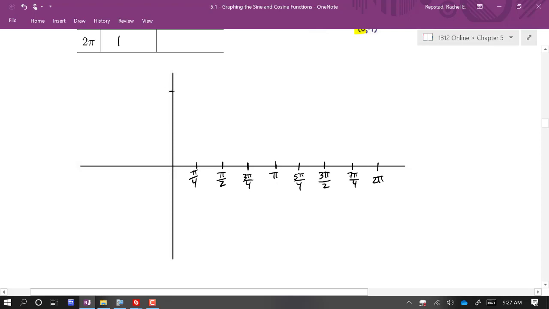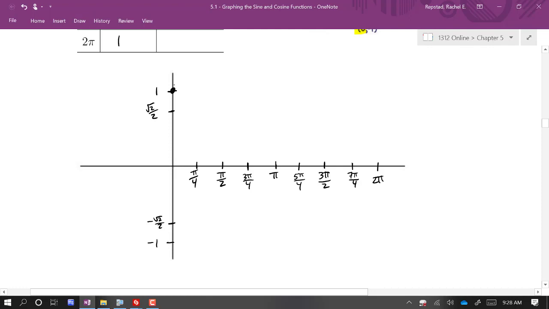And go up as far as 1, as far down as -1, and then root 2 over 2 is about there, and negative root 2 over 2 is about there. So at 0, cosine starts off at 1.